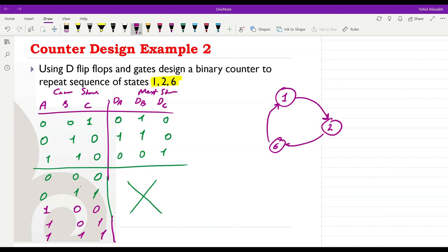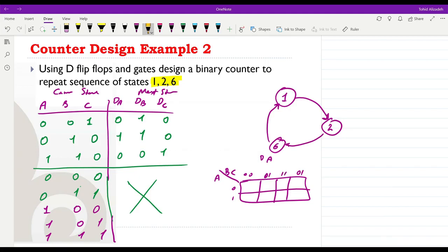Now we can form Karnaugh maps to find out the expressions for DA, DB, and DC. Here we have A, B, C. Let's fill it. We have only 0, 0, 1 for DA.